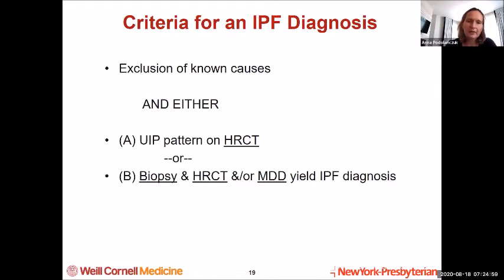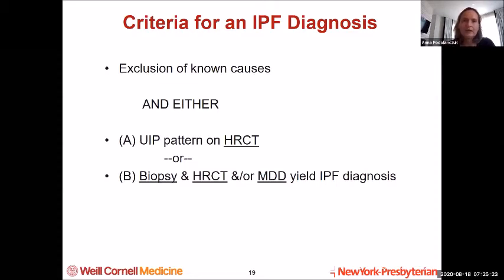diagnosis of IPF. So it requires exclusion of known causes of ILD, and it requires identification of a UIP pattern on a CAT scan or a high-resolution CAT scan, or a UIP pattern on a lung biopsy. So these are very specific criteria.